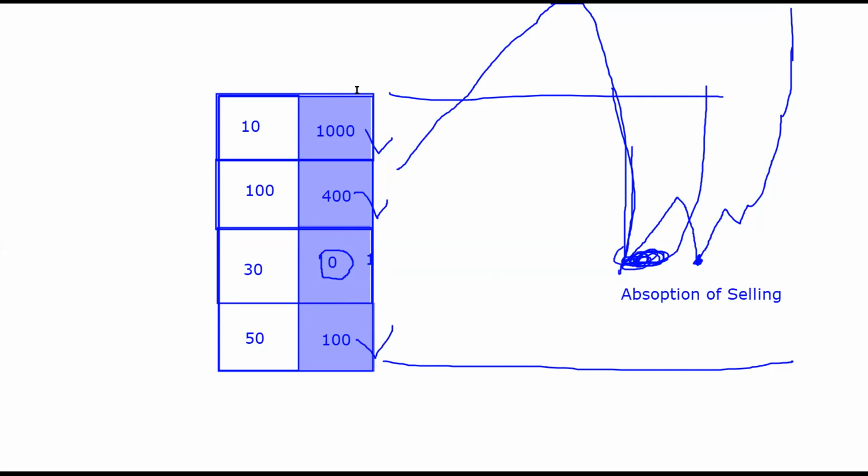Still, this block will be considered a momentum block. Context-wise, this block is considered a momentum block. This entire block will be considered a momentum block, and when price comes to that zone, one has to look for an absorption of the selling for a scalping opportunity.